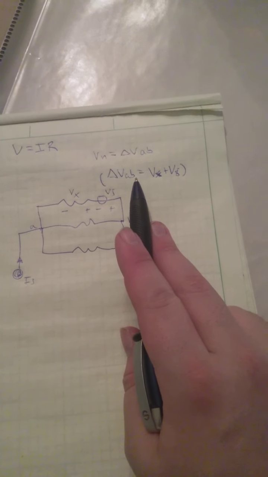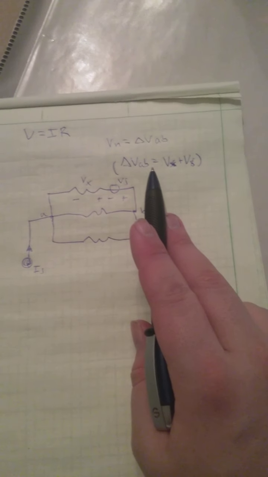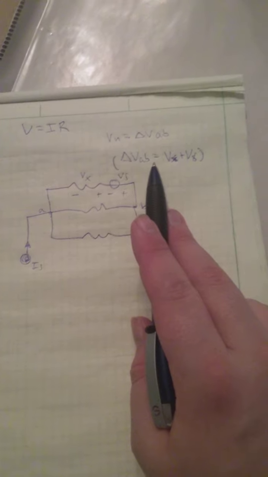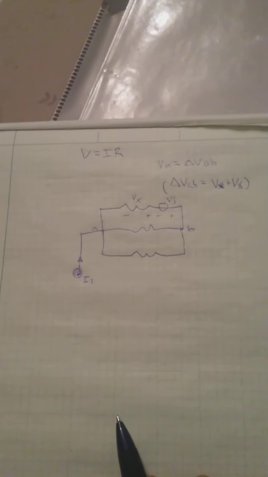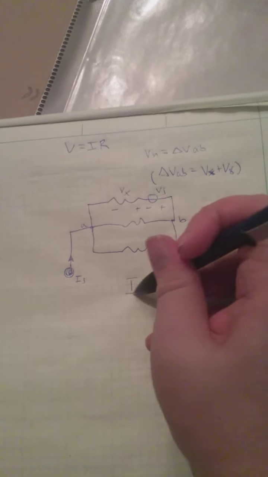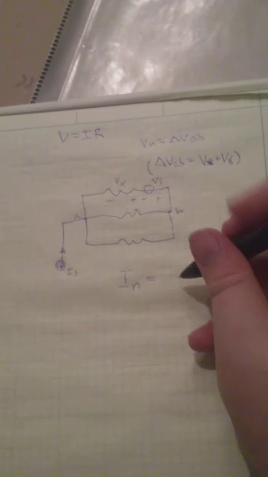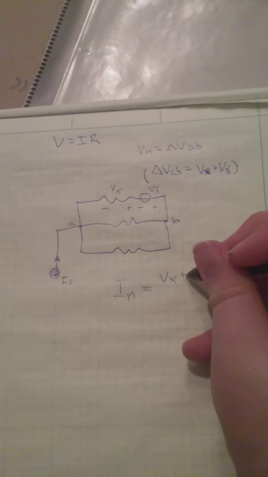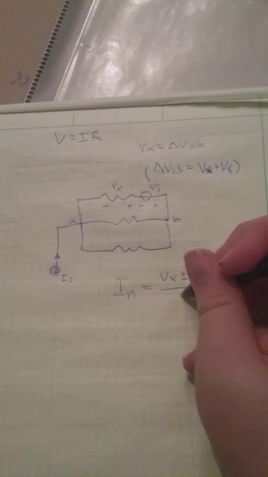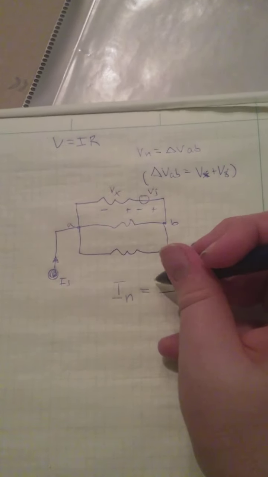So all that I have to do is I can use the same formula, except Vn now has multiple values. Okay, so In is equal to Vx plus or minus Vs divided by Rn. So if Vs is 0, obviously Vs just goes to 0.